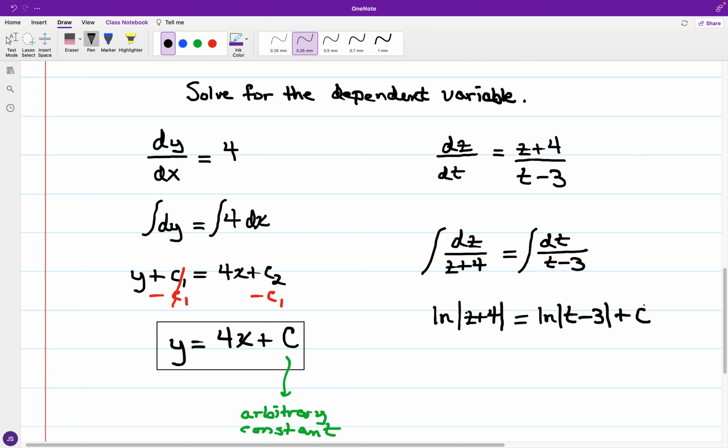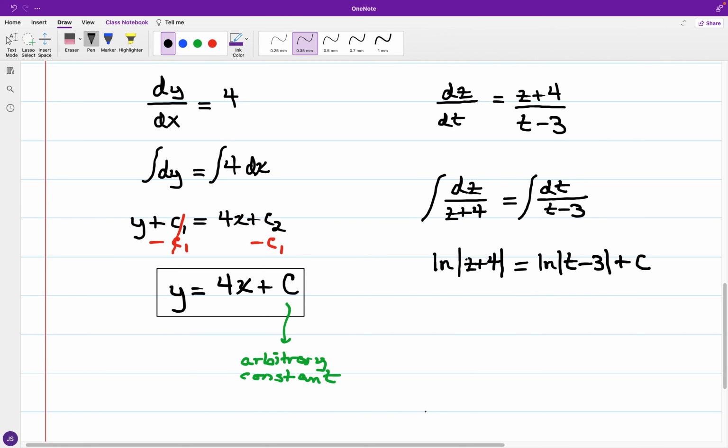followed by a constant. Now we're looking at solving for z, and I want to take care of the natural logarithm. That which will undo the presence of natural logarithms would be utilizing the natural logarithm exponential base e.